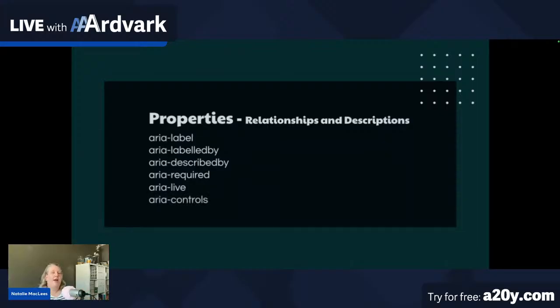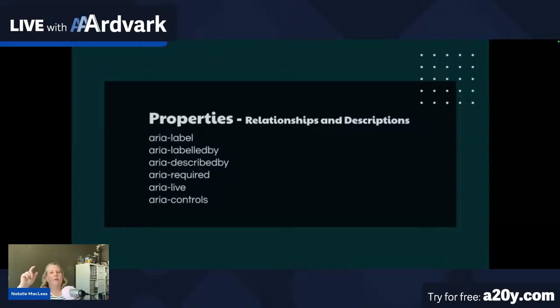And then we also have ARIA controls. If I have a button that acts as a toggle for a panel of content, and I click it and it opens, I click it again and it closes, I want to programmatically specify that those two things have a relationship with one another.